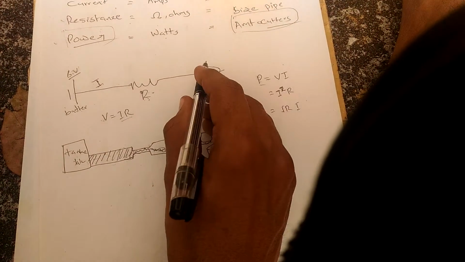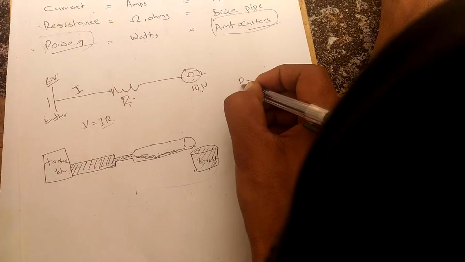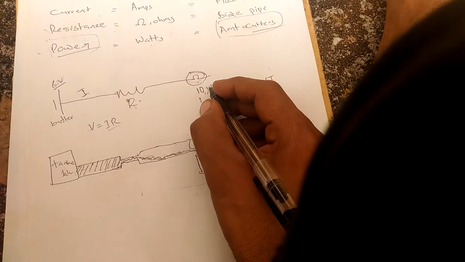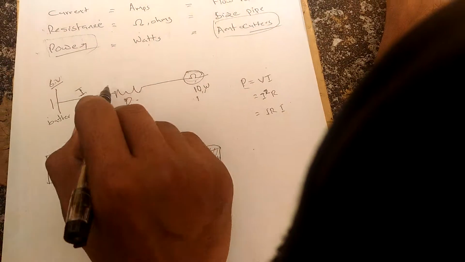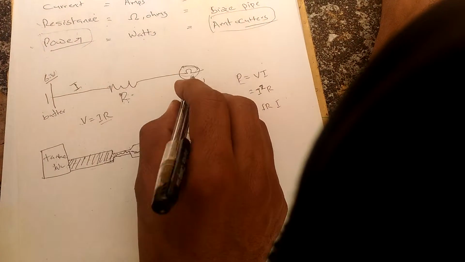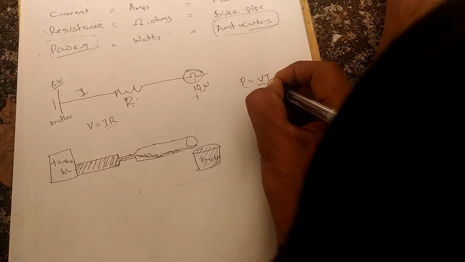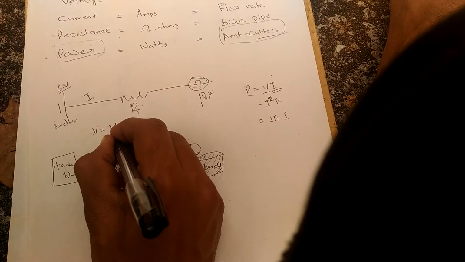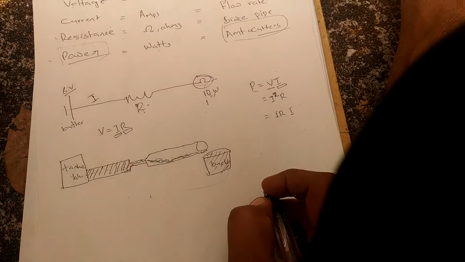Just like that, if we want to light up this bulb effectively, we want to use 10 watts of power. So how can we increase this power? Only by increasing the voltage or by increasing the current, or by increasing the resistance.